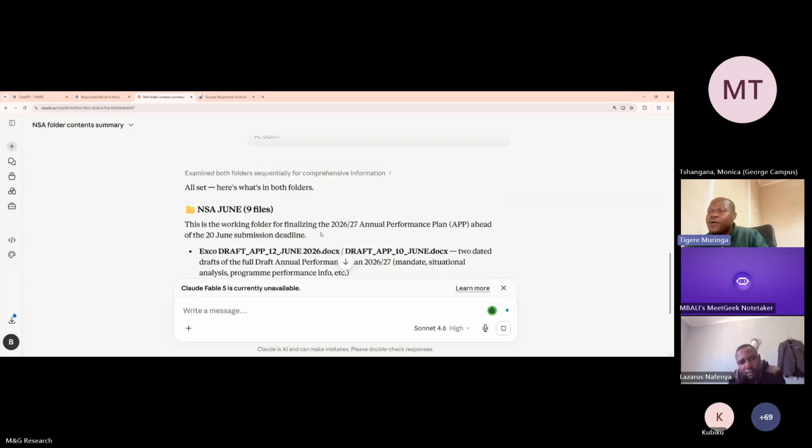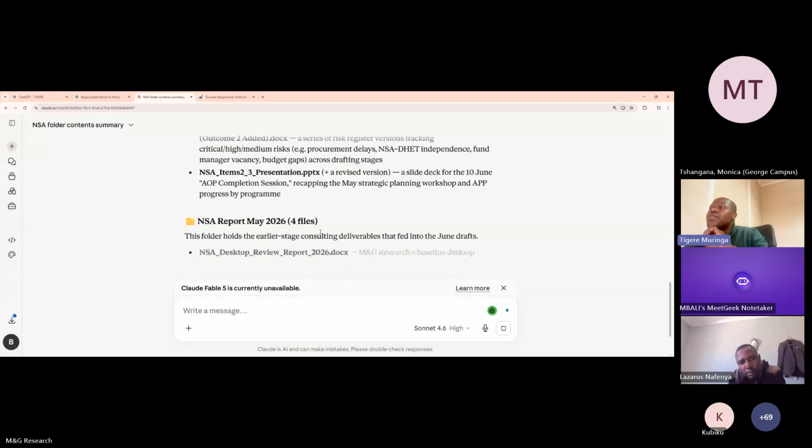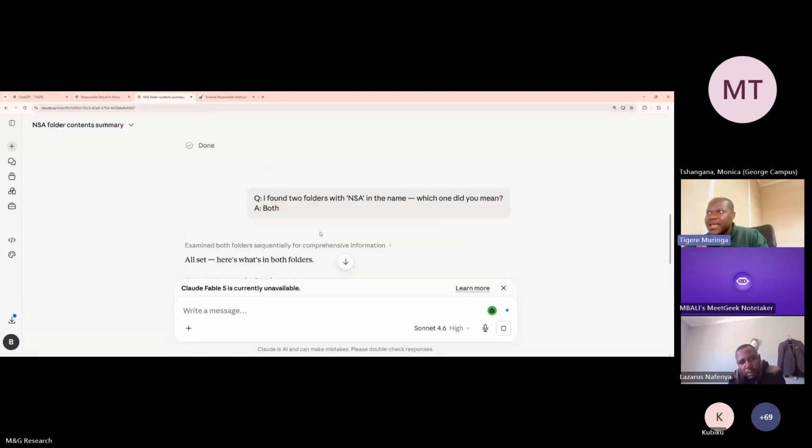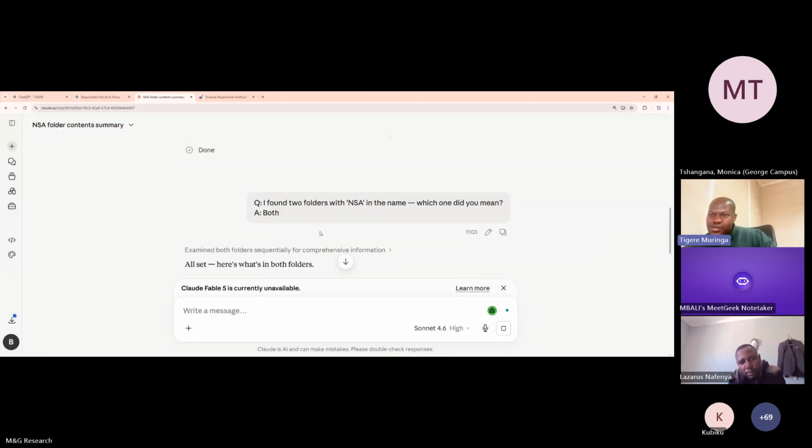So by default, it has access to the entire Google Drive. So all your information that is in that drive is exposed and it's not protected by anything.